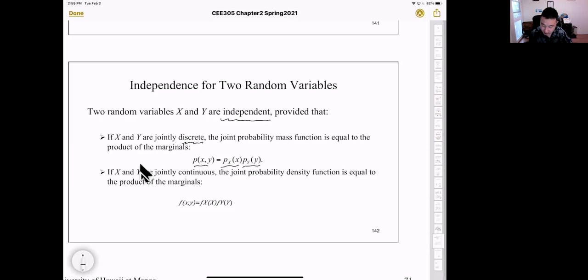So that is the product of marginal functions of x and y. If x and y are continuous variables, then the joint probability density function is equal to the product of the marginals fx x and fy y. Of course, this is providing x and y are independent.